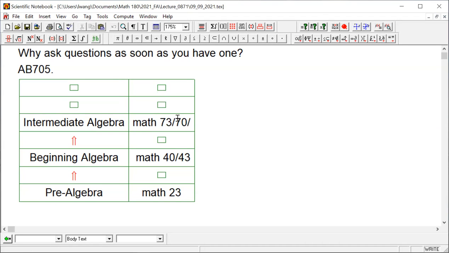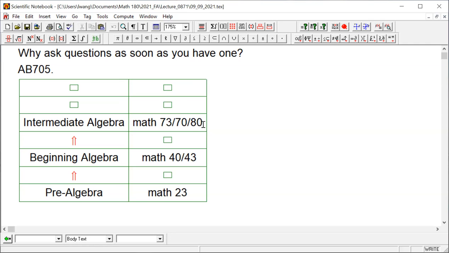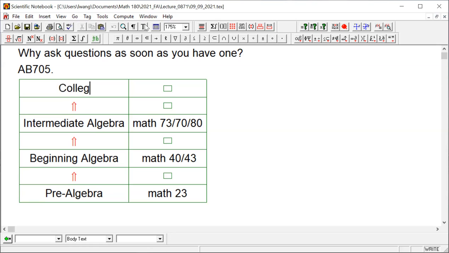These are the names being used, or 80. 80 is the one that sometimes covers more material because that's designed for people who are going to go through the STEM track. After intermediate algebra, the typical trajectory would be college algebra, that's Math 130.